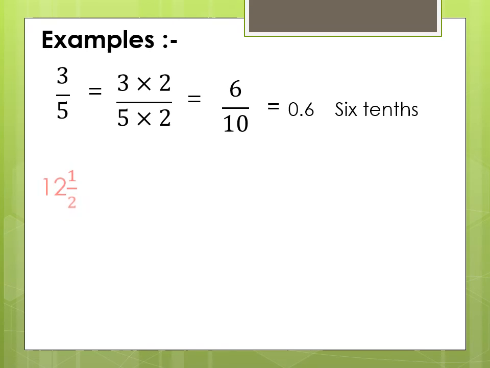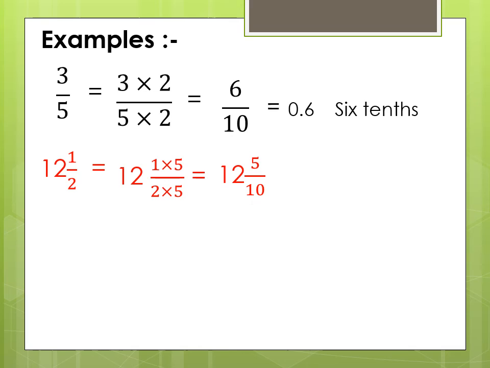Let's take another example. 12 and a half. How can I convert it? I will ignore the whole number and convert the fraction. We have a half, so I will multiply by 5 to convert the denominator from 2 to 10. So I will multiply the numerator by 5 also. 2 times 5 and 1 times 5 becomes 5 over 10.